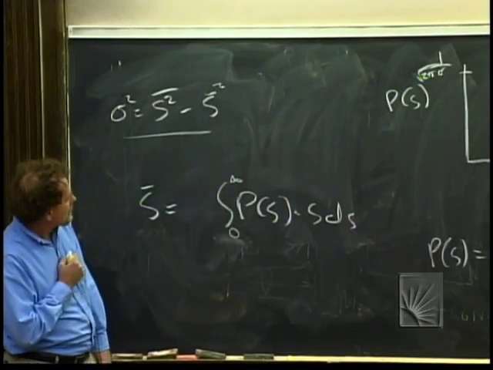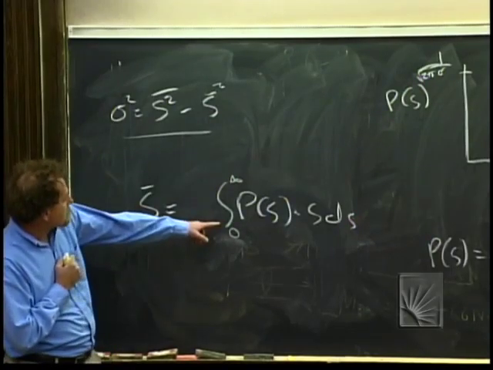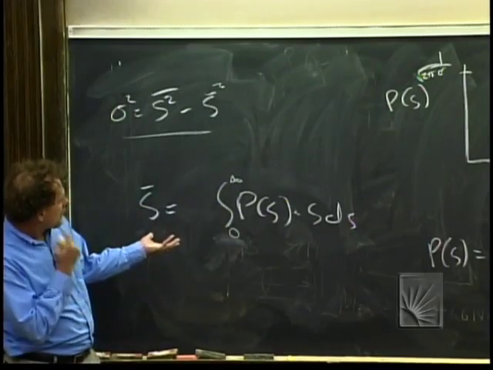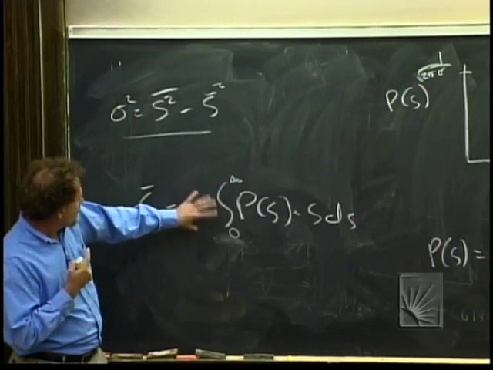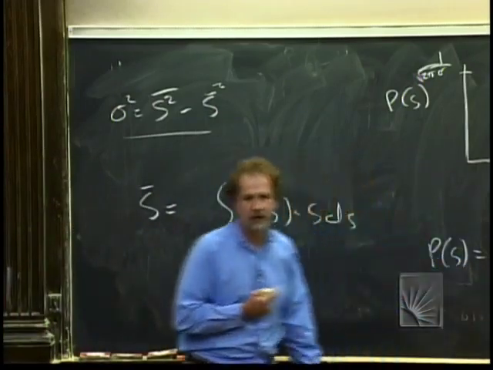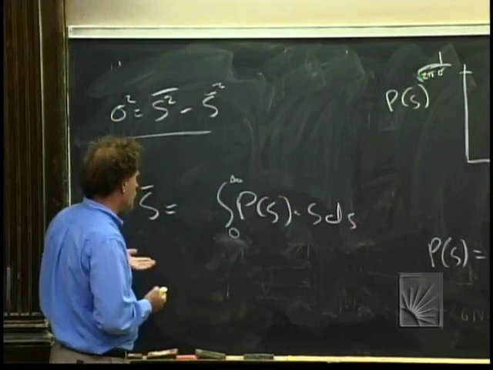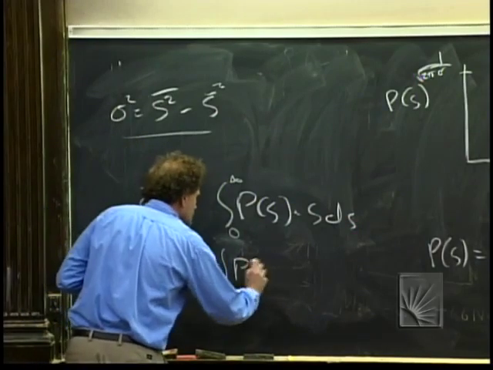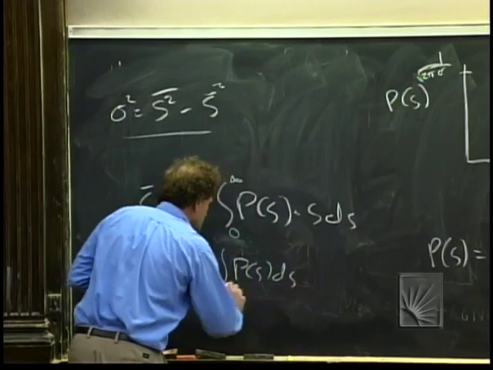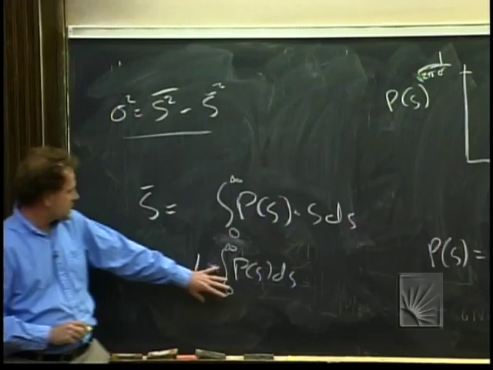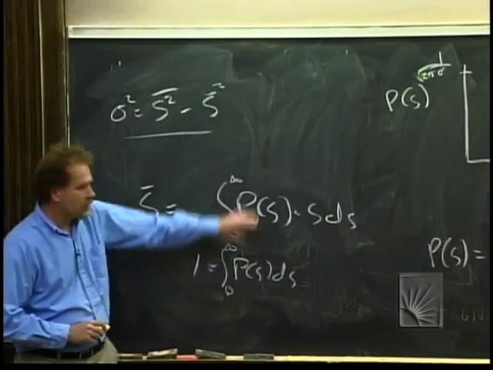So that's the meaning of S average. The 1 over n you thought of before already got taken into account by this prefactor. P of S ds all by itself has to integrate to 1. That's to find the constant, and then you find the average this way.